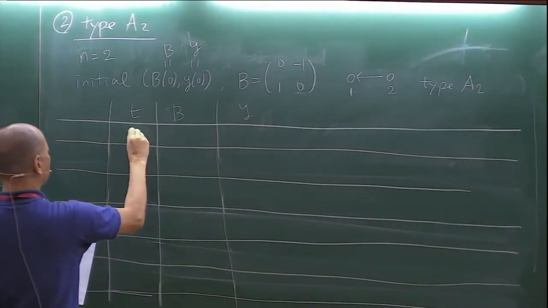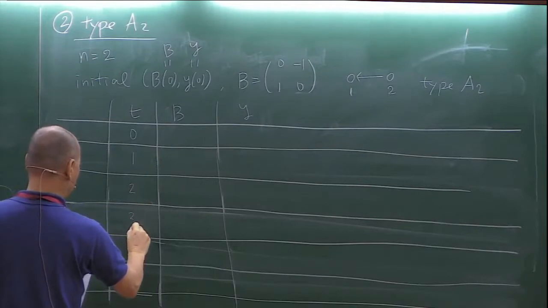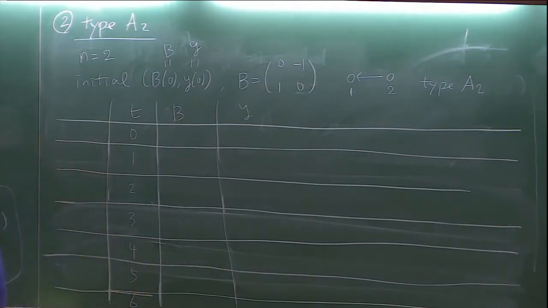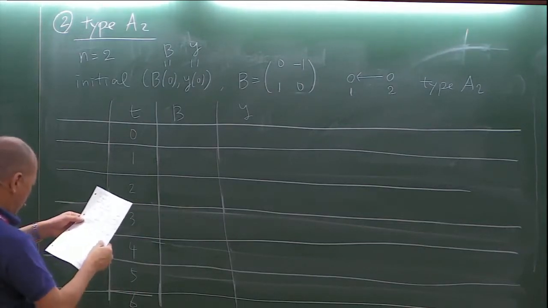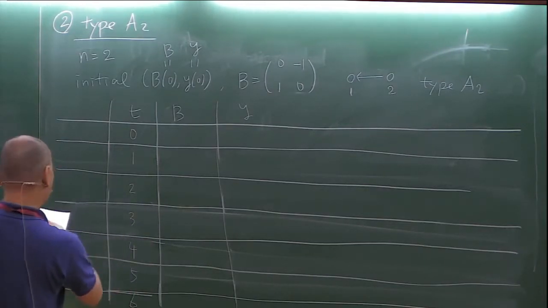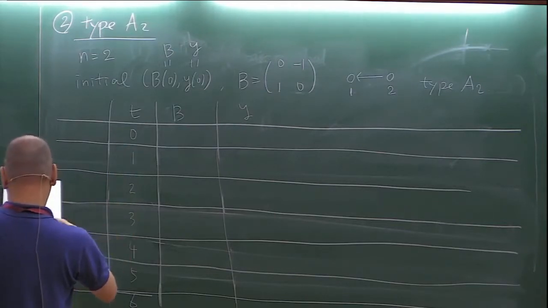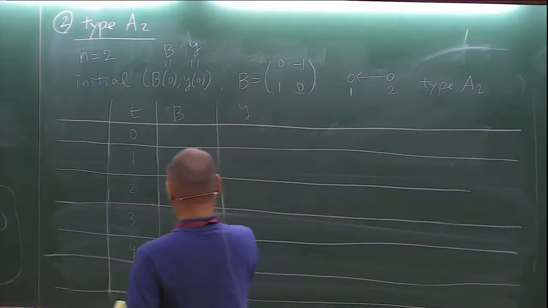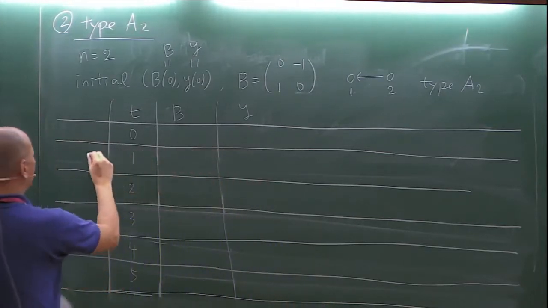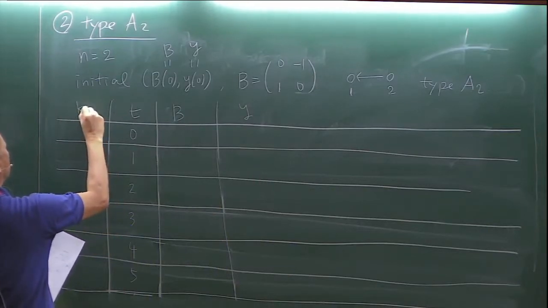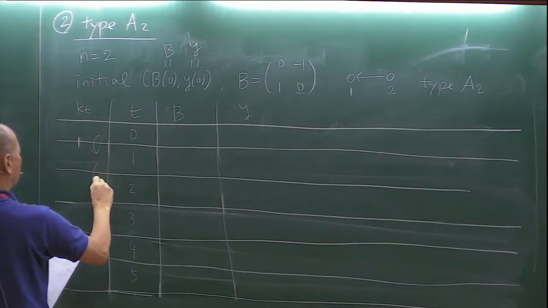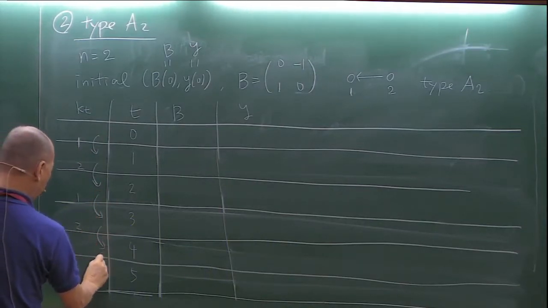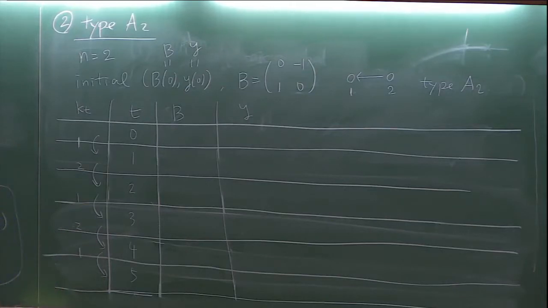So from 0, 1, 2, 3, 4, 5, and after 5 steps, you get 6. No, 5. 1, 2, 3. Okay, great. So each time I make a mutation, k of t is 1, 2, 1, 2, 1. So alternating mutation.